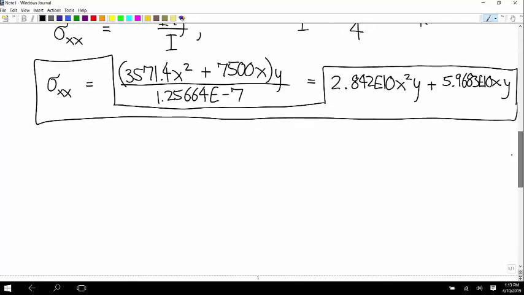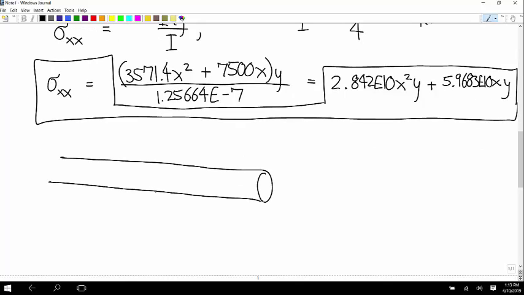And what that says is that, and we're only looking on the first half. Okay, so here's our beam. Say that we want to know the stress of some point over here.